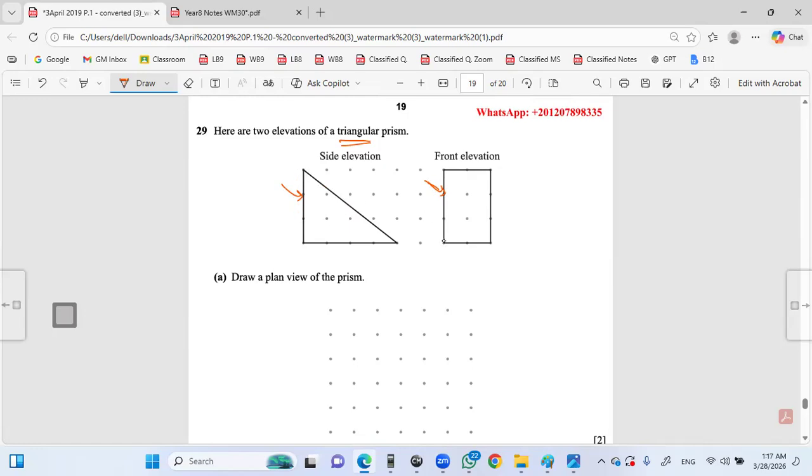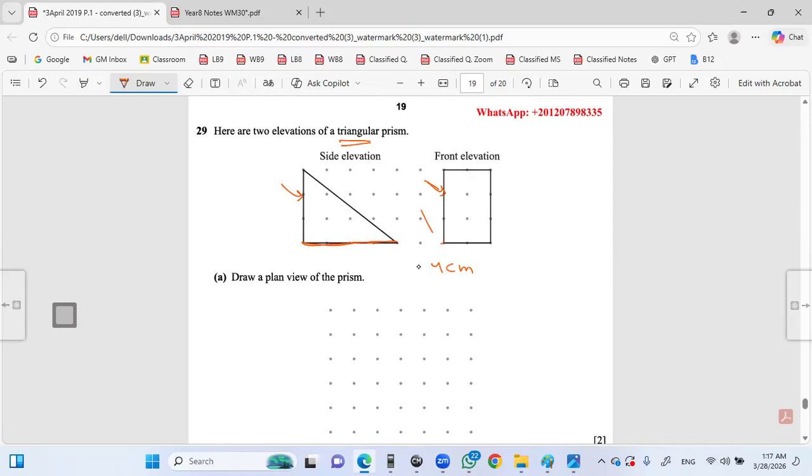So the depth of the triangle is going to be the depth of the 3D shape. This base is actually the depth of the 3D shape. How many centimeters? 1, 2, 3, 4 centimeters. 4 centimeters is the depth.